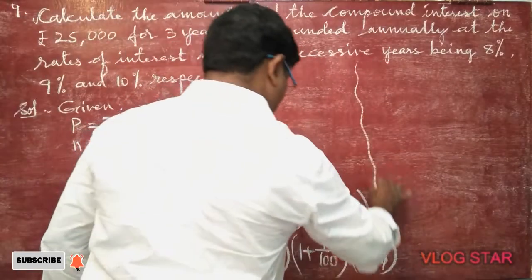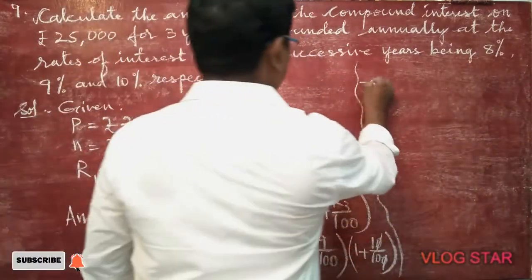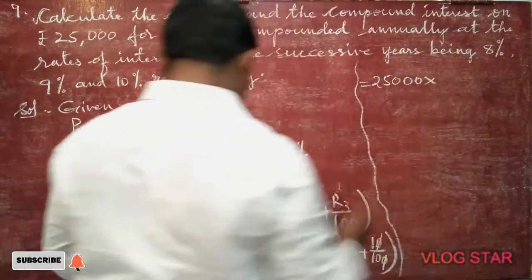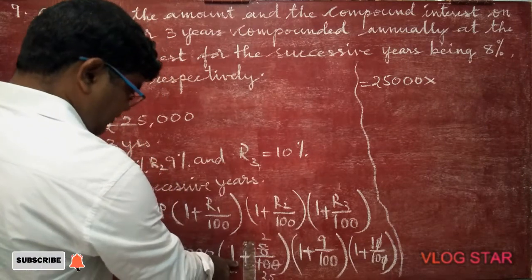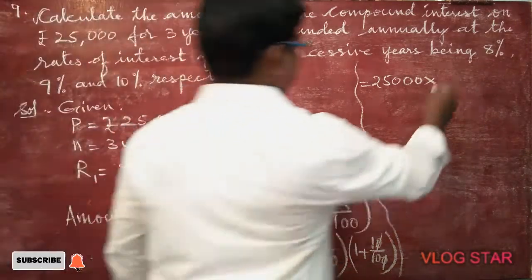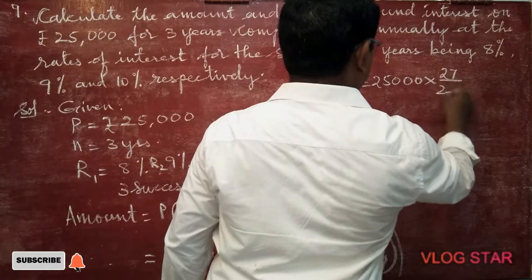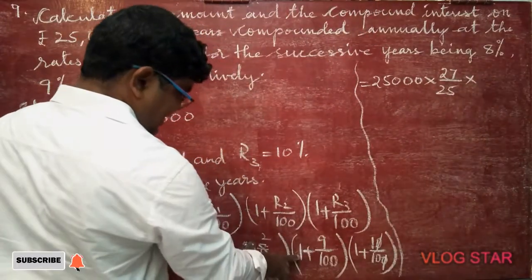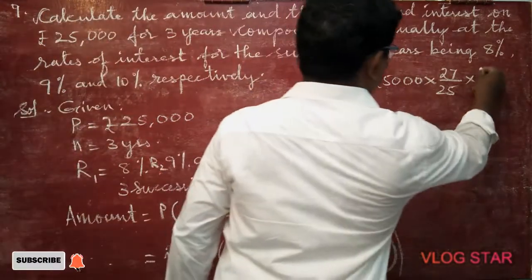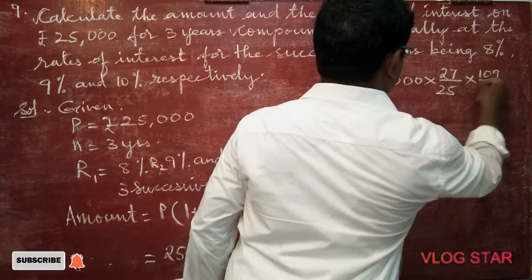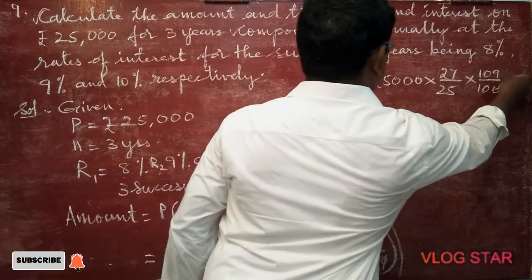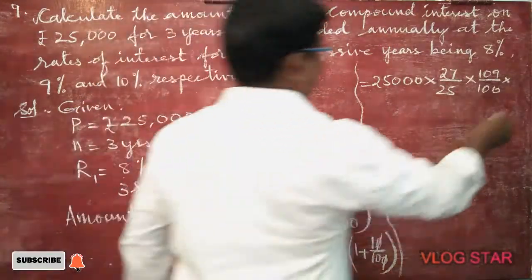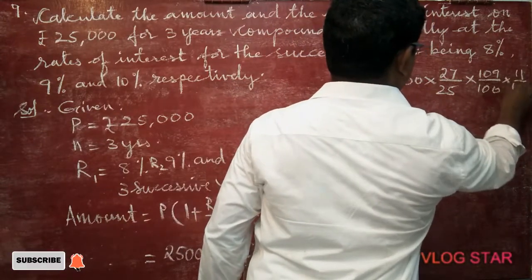Now how to solve? 25,000 as it is into 25 ones are 25, 25 plus 2 is 27, 27 by 25 into 100 ones are 100, 100 plus 9 is 109, so 109 by 100 into 10 ones are 10, 10 plus 1 is 11, 11 by 10.